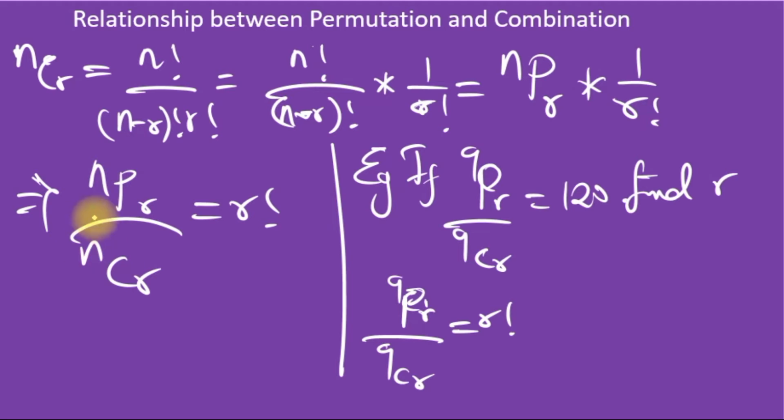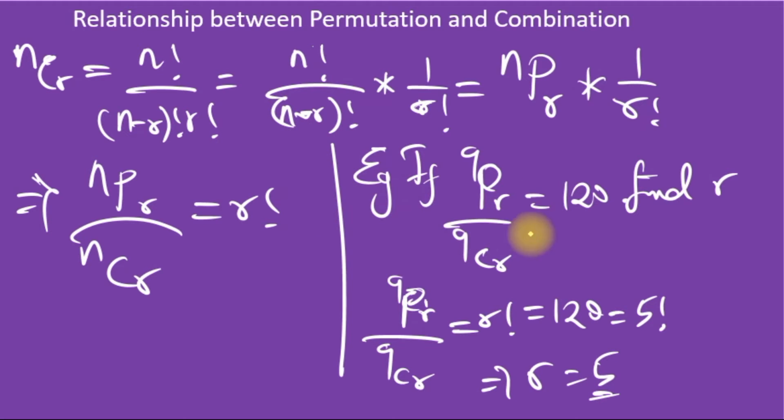N is 9, and they told us it is 120, and we know that 120 is 5 factorial, so our answer r is 5. So the formula makes us solve this very, very fast.